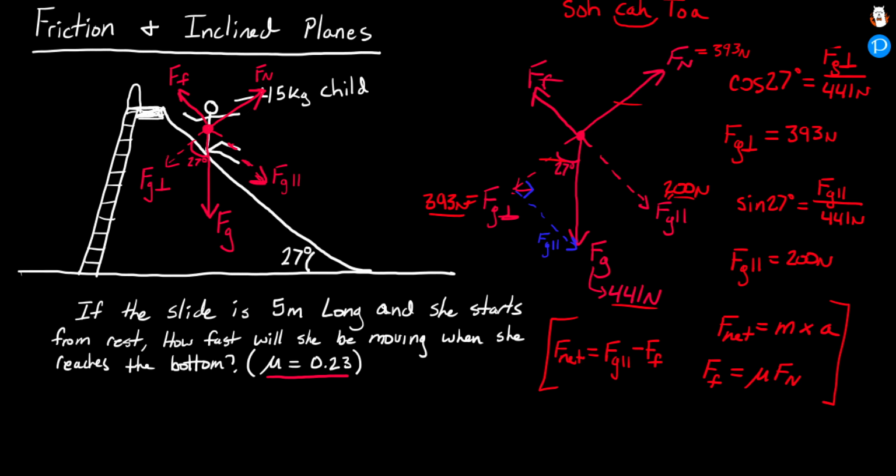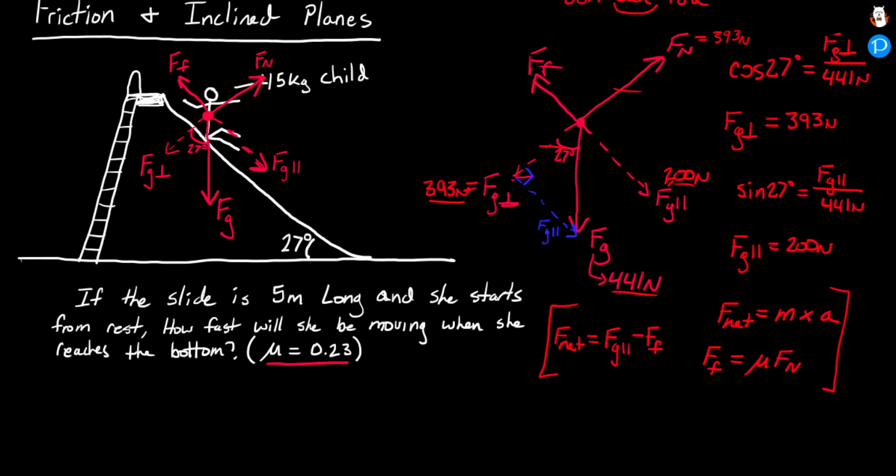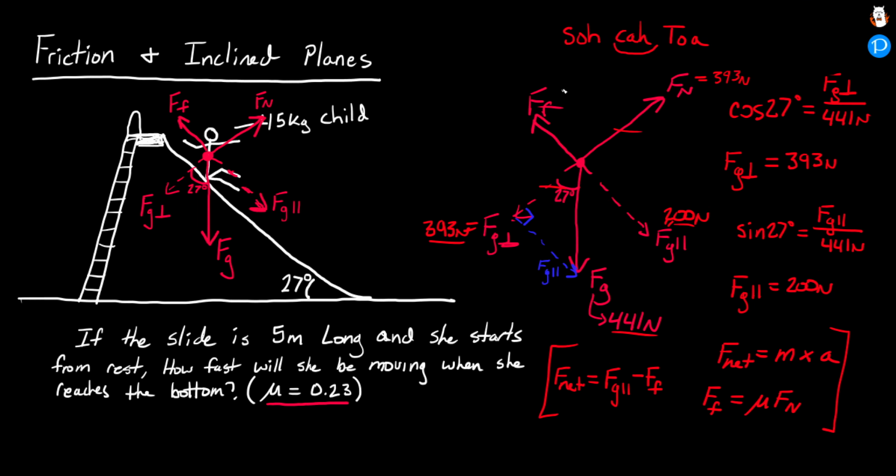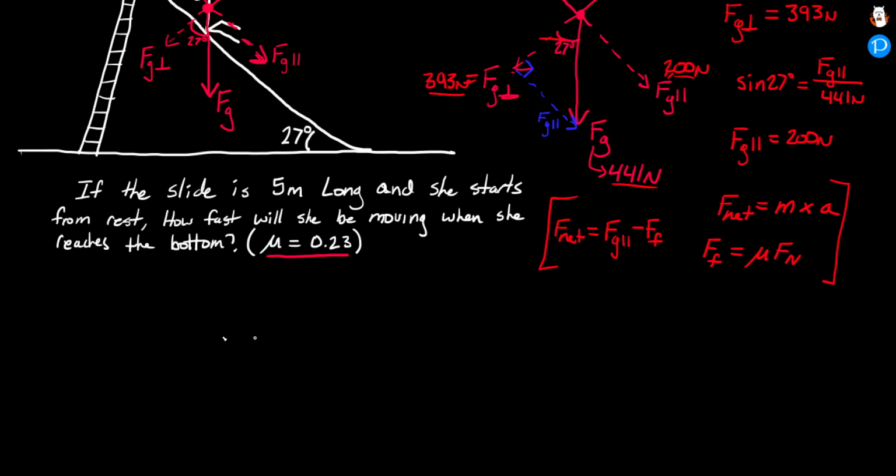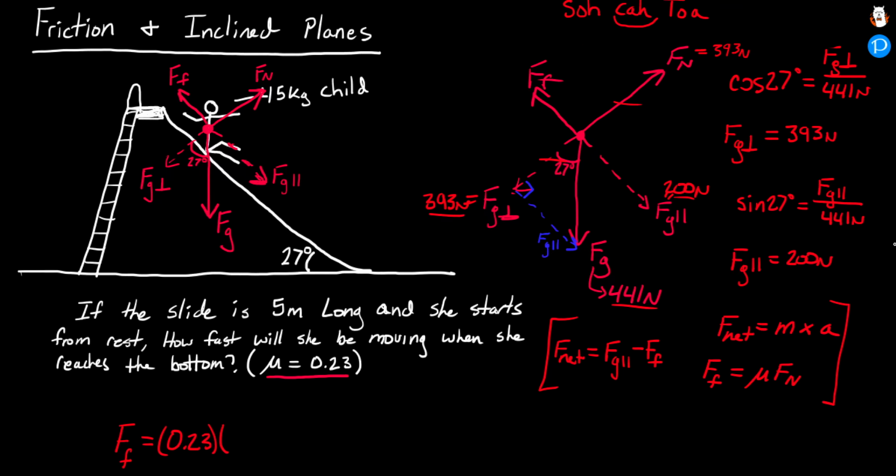So I'm going to have to give myself a little more room here. So the first thing I can do is I can actually solve for that force of friction, can't I? Because I know the normal force and the problem gives me the coefficient of friction here. So I can actually figure that out. So let's do that first. So the force of friction is going to be equal to that mu, 0.23, times the normal force, which we already figured out, which is 393.